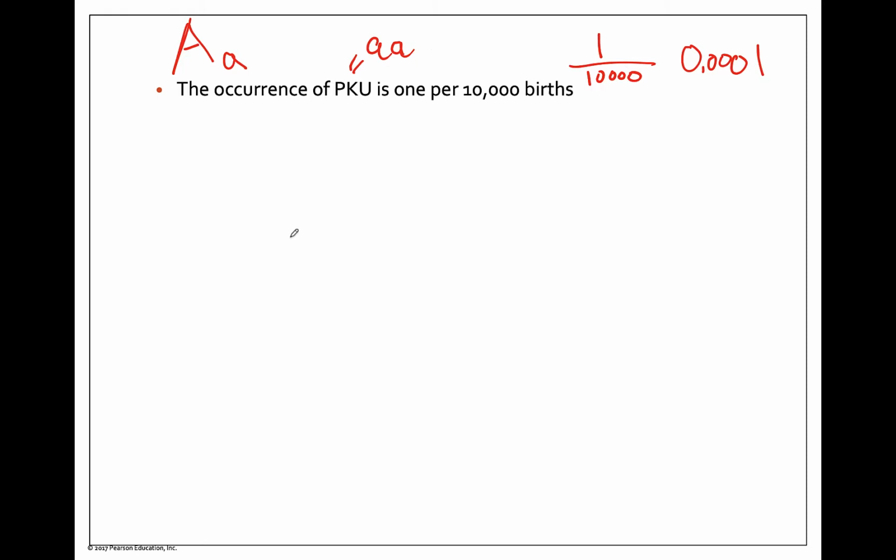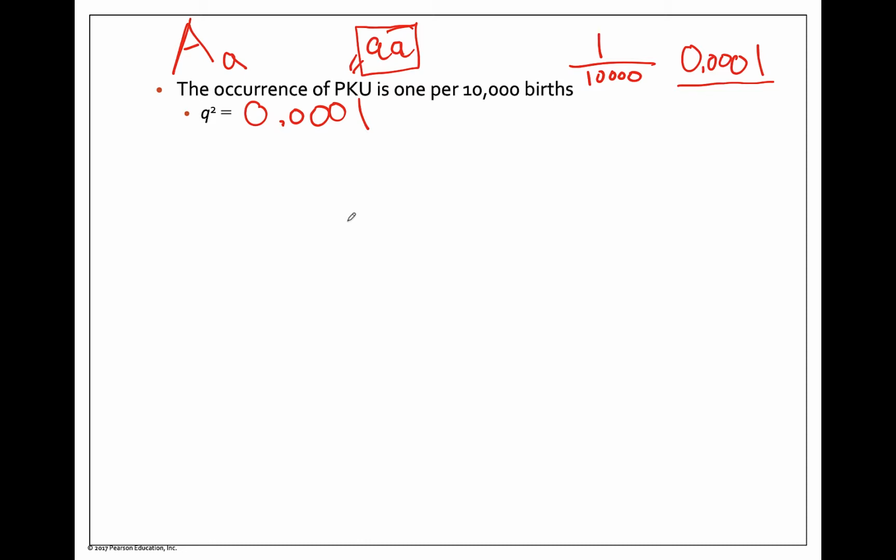That'll be their genotype. So our q squared is the frequency of this genotype, right? Well, that we just determined was 1 in every 10,000. So here's my frequency: 0.0001 births. From q squared, that's all I have.